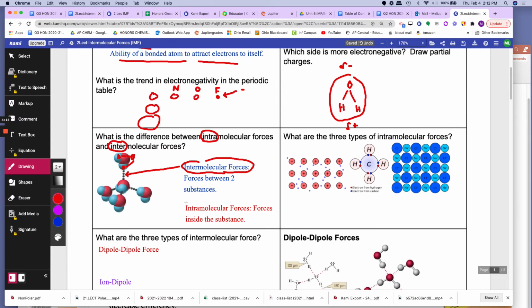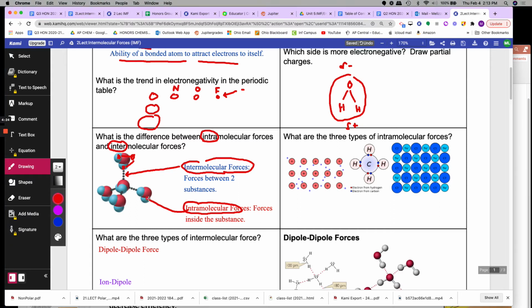As opposed to intra, which is the force inside, in between the O and the H, which happens to be in this case a covalent bond. So covalent bond is an intramolecular force.